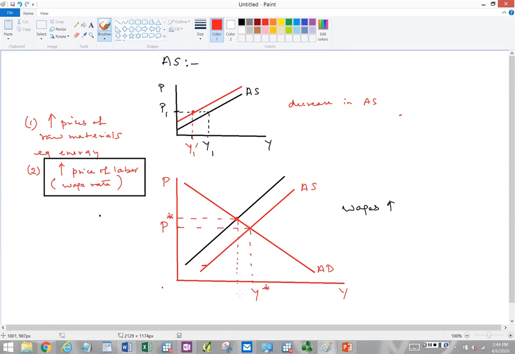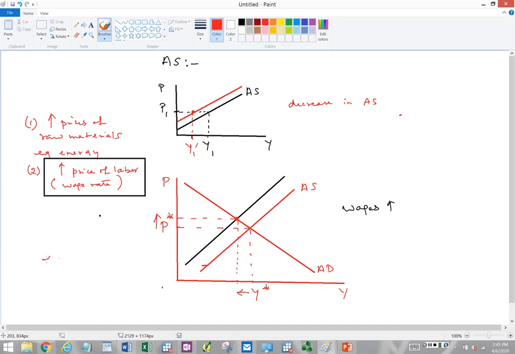Well, that's going to decrease. So a decrease in equilibrium GDP and a rise in the equilibrium price level, right? So this would be a case where the economy would produce less GDP than before. So what is the implication for unemployment? With the economy producing less GDP than before, of course, fewer workers will be employed, because after all, it's workers who produce GDP. Less GDP means less workers needed to produce it, right?